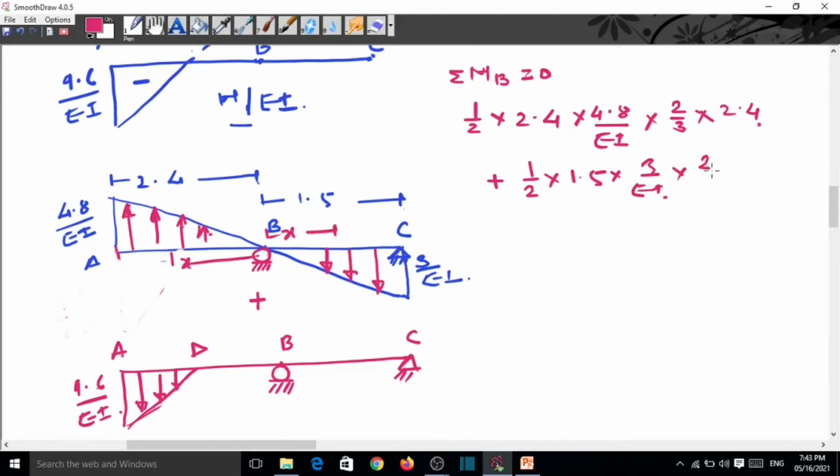Now the reaction RC is anti-clockwise, so minus 1.5 into RC is equal to 0.